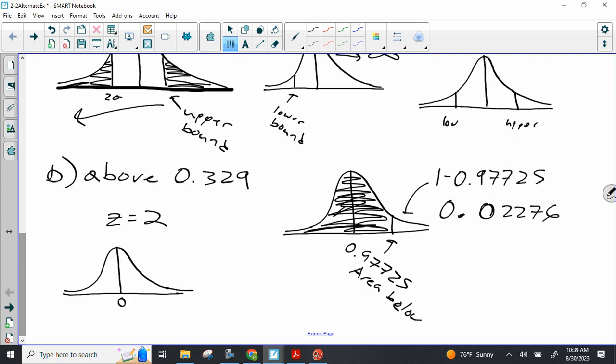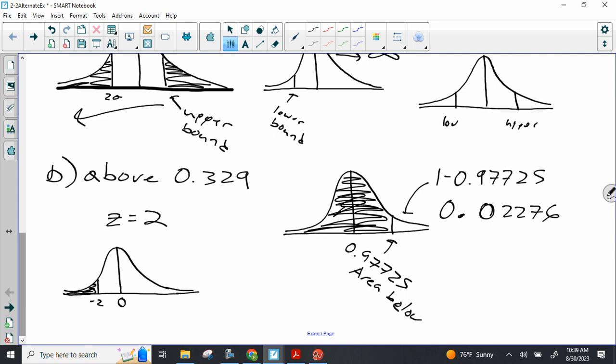So I could also find this area. You know what I mean? They're in the same spot symmetrically to the mean, right? So let's do that. Let's look at what our value is for -2.